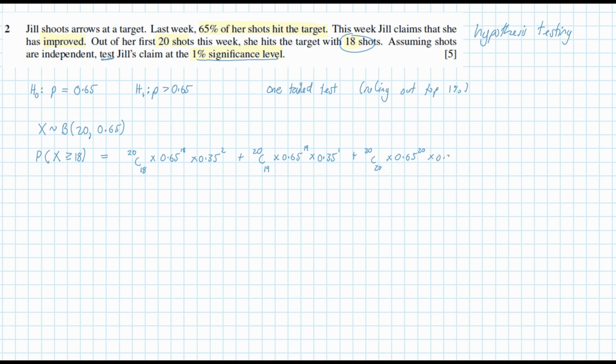We could ignore this last bit, but just so you see what's happening, we're going to 0.35 to the 0. Now, if we chuck this into our calculator, what do we get?